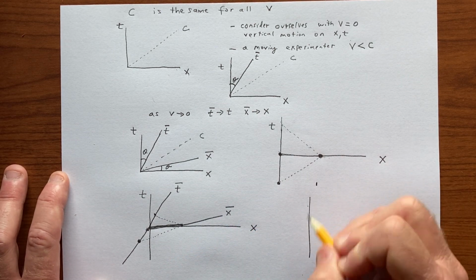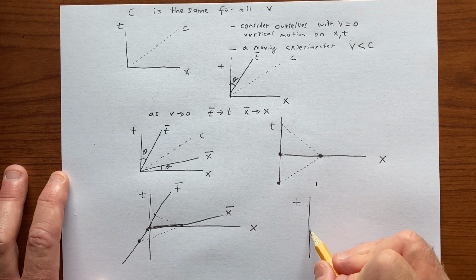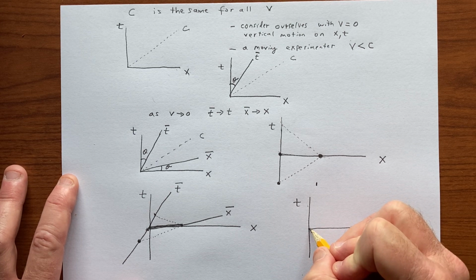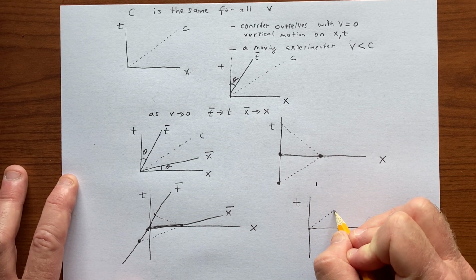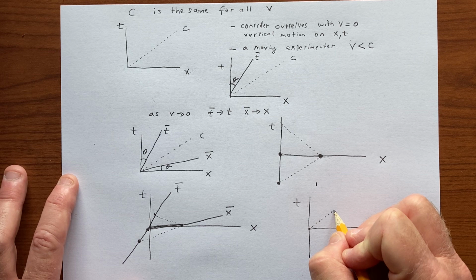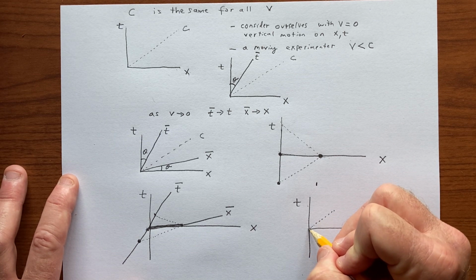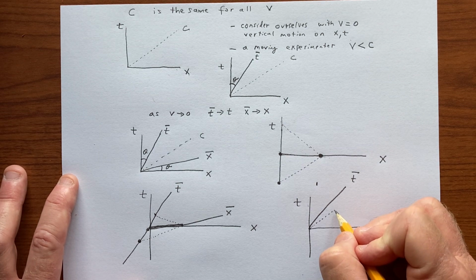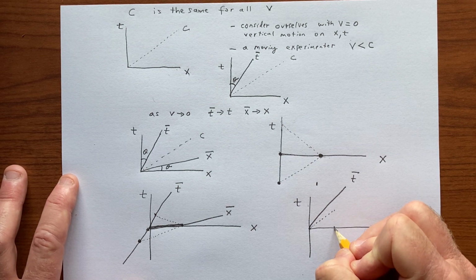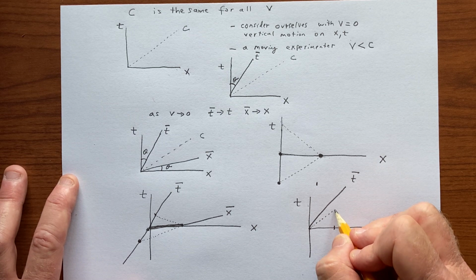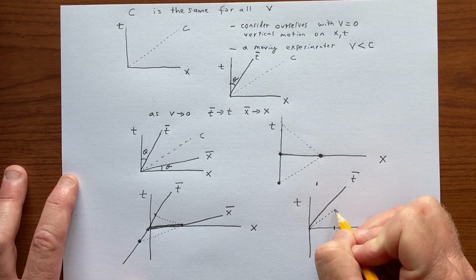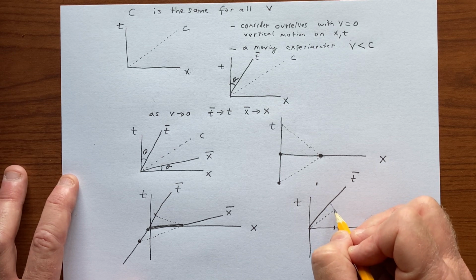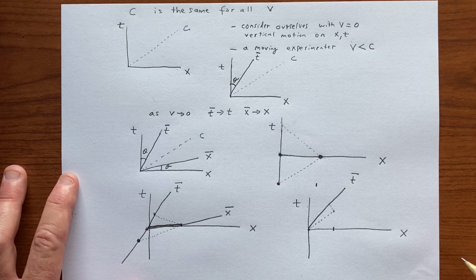Let's draw this again. So t, x, let's simply start at 0. So this is speed of light, and this is the t bar, time axis for the moving observer, and this is where the mirror is. So it's right here, and then it hits the mirror and gets reflected backward, another 45-degree line for light moving to the left.